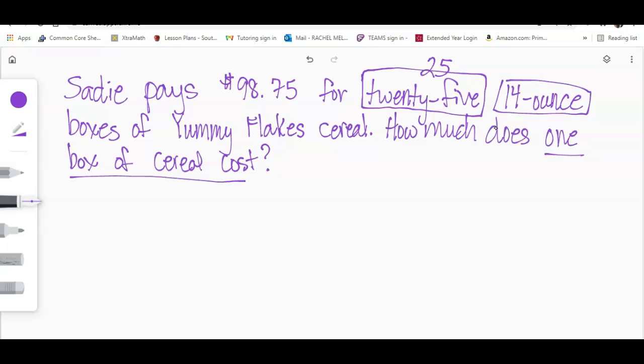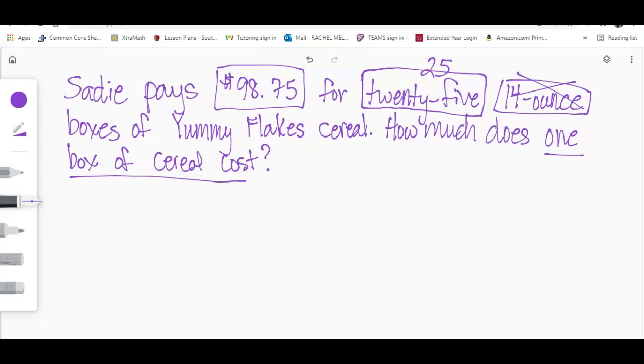They're also trying to trick you because they're telling you the size, so it makes it seem like I'm going to have to do something with the 14 ounces, but really I'm not. This number is her total, and this is for how many boxes, which is 25. So this 14 ounce, we don't need that number at all.